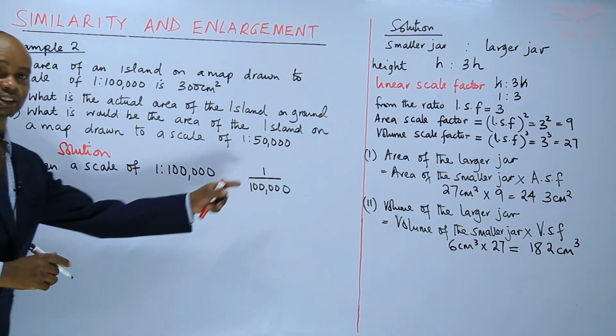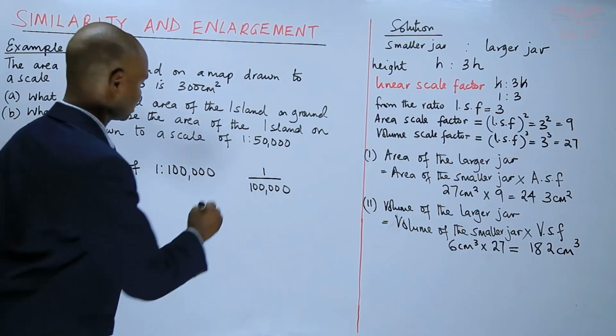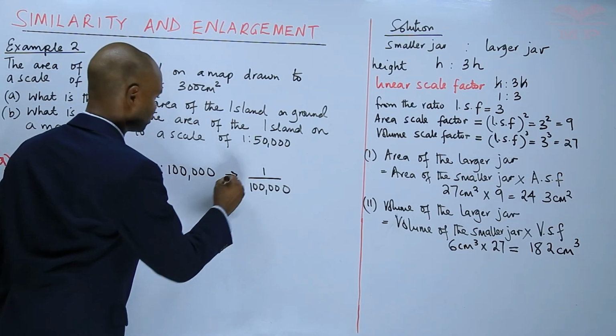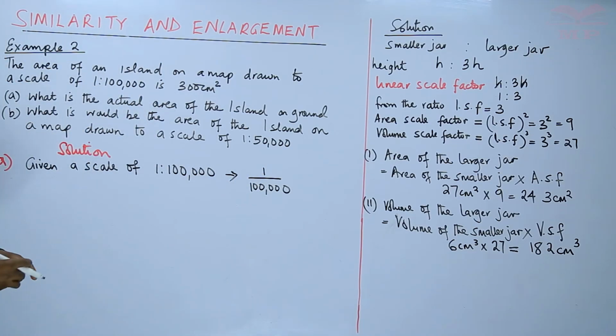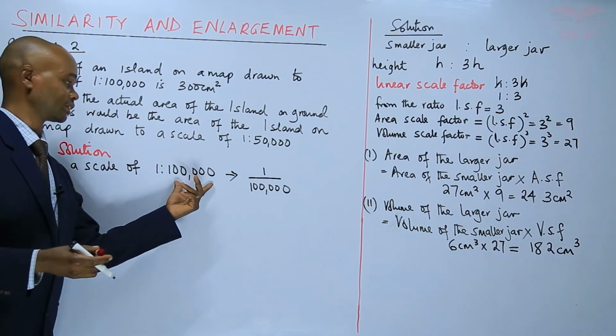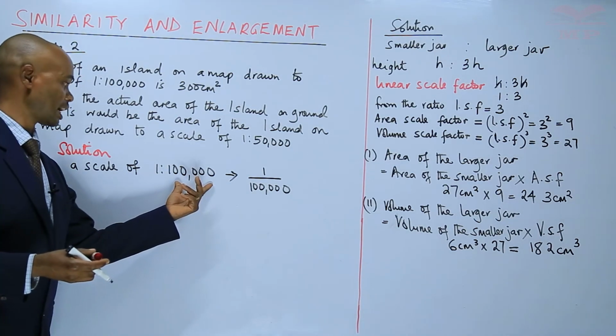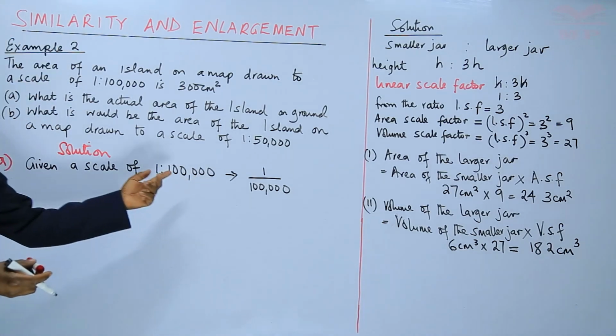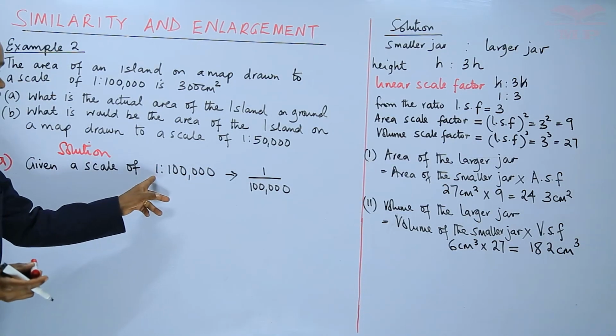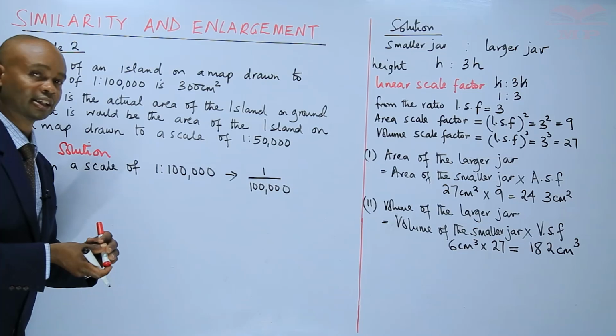It means the actual sizes on ground are 100,000 times bigger than what you see on the map.